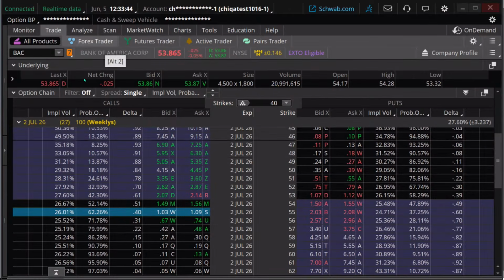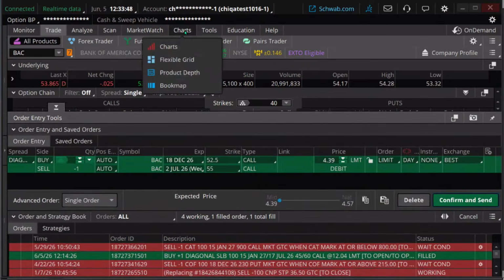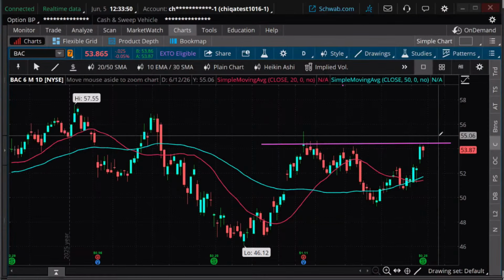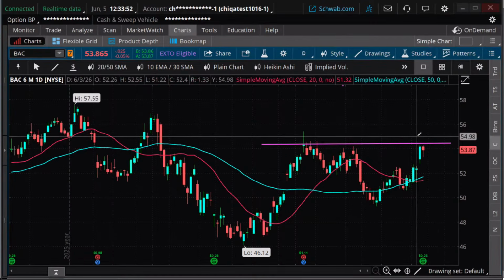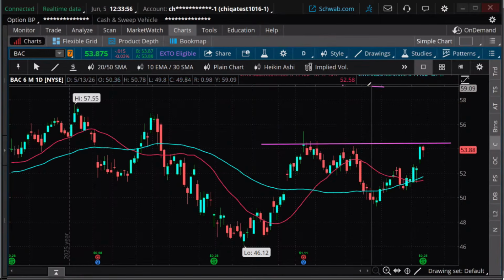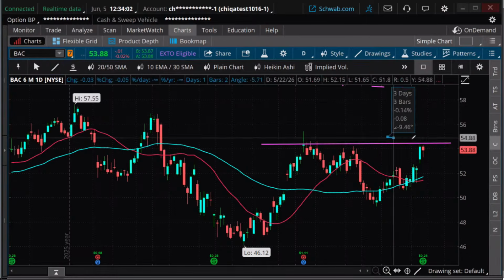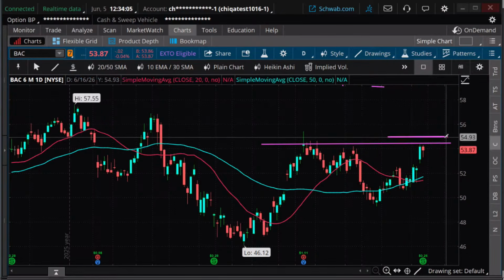Let's just tweak this a little bit. So I agree, maybe that 55 in light of the chart, I meant to draw a line at 55. 55 is about here. That may be a little bit tight, okay?